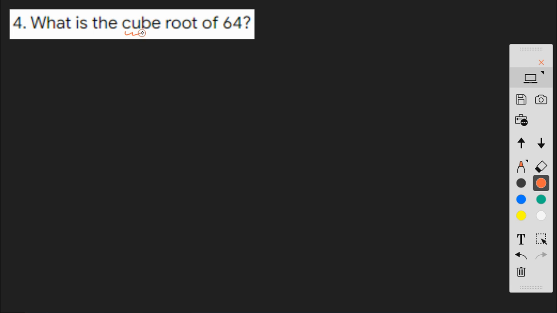Okay, now we're asked for the cube root. Now, some of us remember the square root of 64 is 8 because 8 squared equals 64.